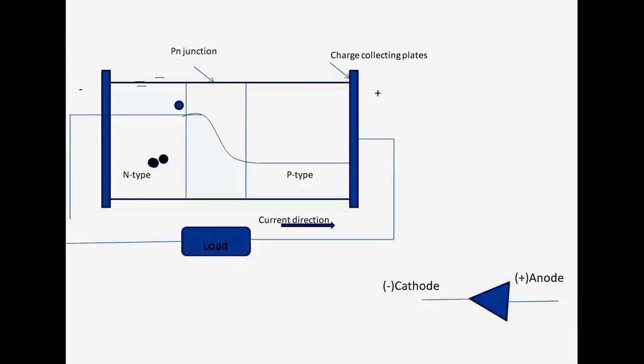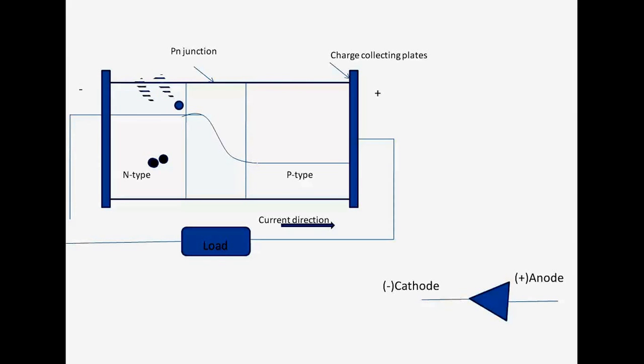Another important thing we need to discuss here is that solar radiation has waves of different wavelengths, having different energies. We require the wavelength having energy equivalent to the band gap energy in order to move the electron from the valence band to the conduction band.